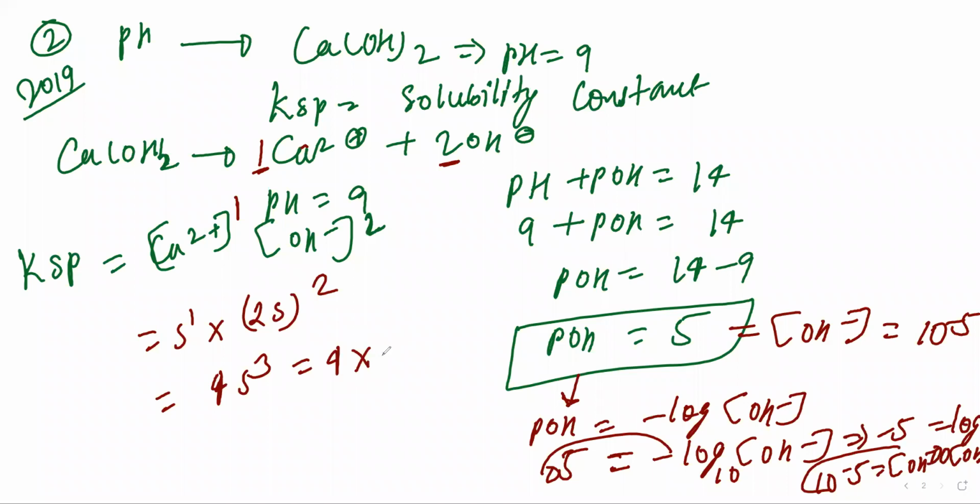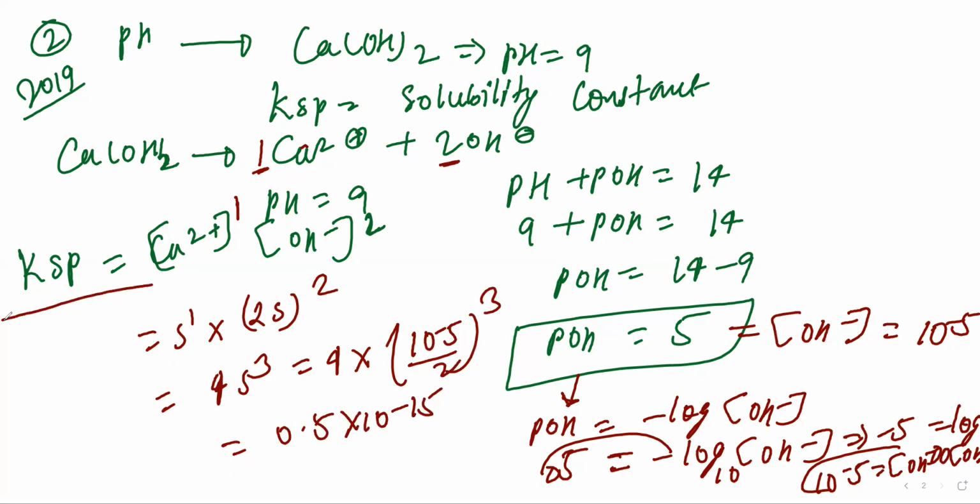That's why I'm putting here 10 raised to minus 5, and it is of 2 times. So it becomes 10 raised to minus 5 by 2, raised to 3. Calculate it and you will get 0.5 into 10 raised to minus 15.